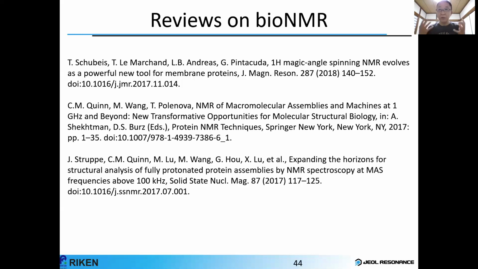Then in order to observe it, we need a special type of experiment, but still the experimental setup is a big challenge. And if the quadrupolar coupling is larger than 4 megahertz, it's even worse, and it's quite difficult to set up the experiment. But for proton indirect detection, it's much easier to set up.